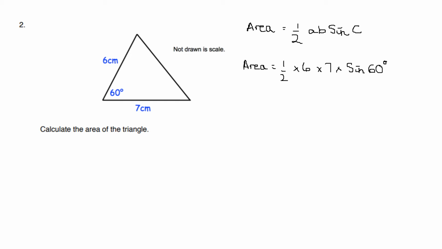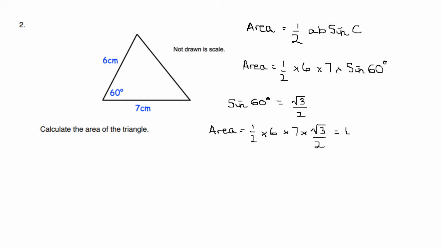Now you do need to know some exact trig ratios, and sine 60 degrees, the exact value of that is root 3 over 2. So you could use that in your calculation. So you could say that area is equal to half times 6 times 7 times root 3 over 2.